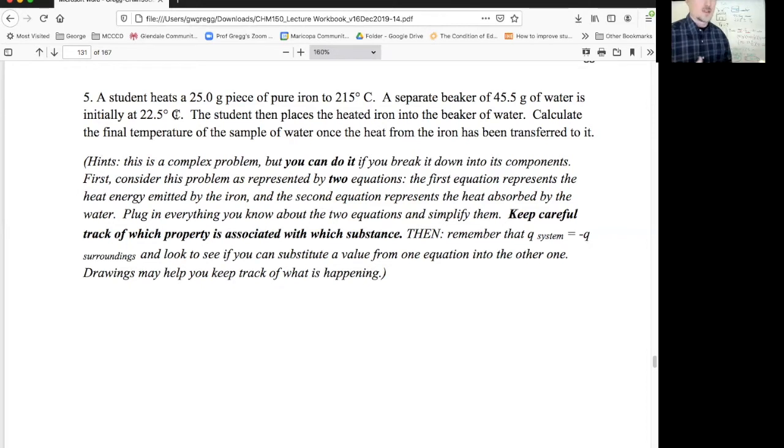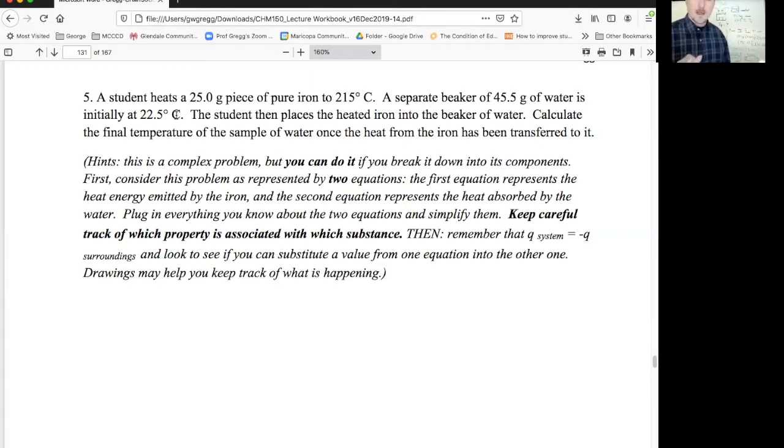The second big challenge of this problem is recognizing that there is a relationship between those two, the Q of the metal and the Q of the water. Because fundamentally, we need to remember that you cannot create or destroy energy, heat energy. It has to go somewhere. So if the metal is losing heat, then it must be absorbed somewhere, and we're assuming it's being absorbed by the water.